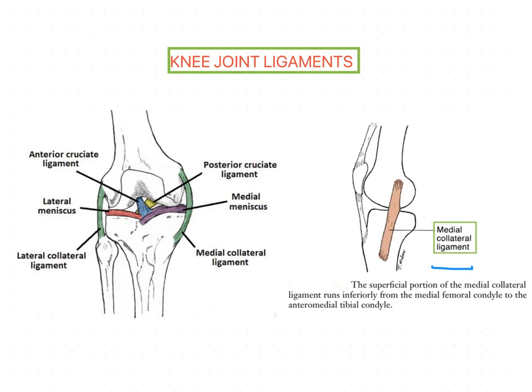Simply, we can say it attaches to the medial aspect of the femoral condyle, the epicondyle, sloping anteriorly to insert into the medial aspect of the proximal tibia.